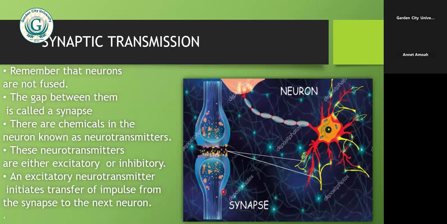So if you understand this physiology, you should be able to understand why we give some drugs, or what we call muscle relaxants, in some of the Braxton Hicks contractions. I hope you know Braxton Hicks contractions, also known as pseudo labor, false labor.